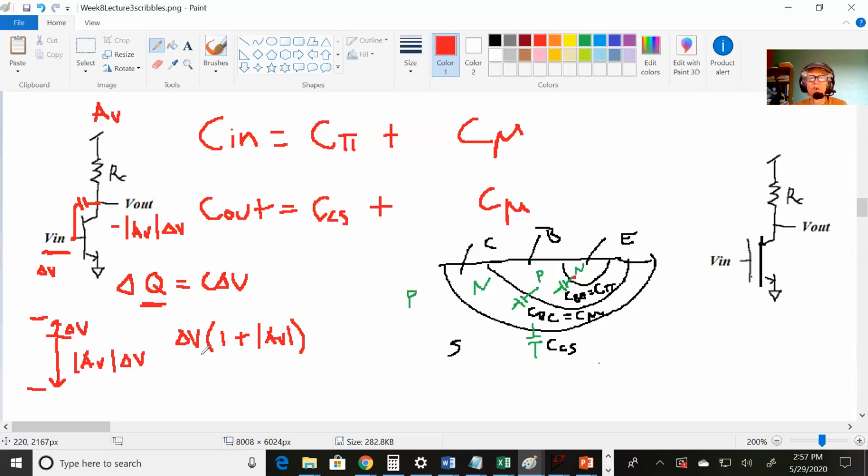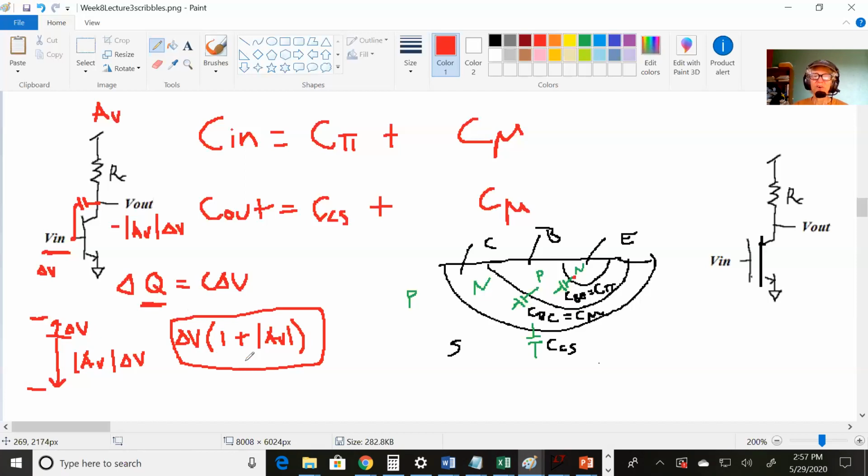Okay, so your V in is trying to just move at delta V, but because the other side's moving away, the actual net change in voltage across that capacitor is actually this thing right here. What do you think? Any thumbs up? Okay.